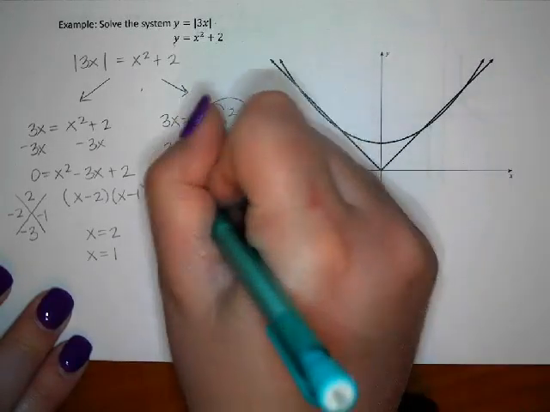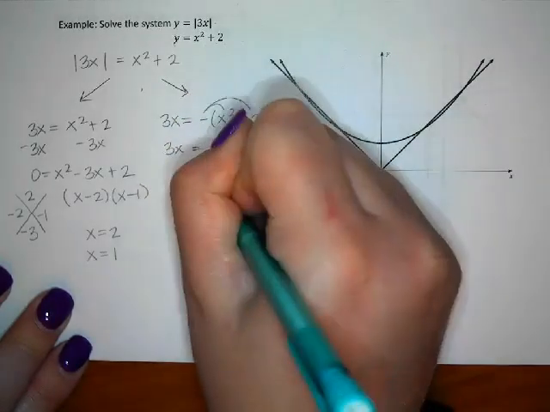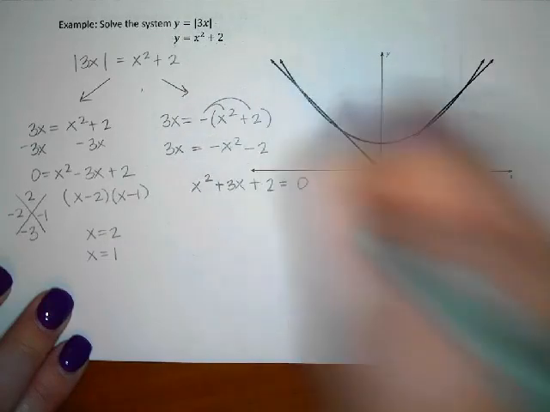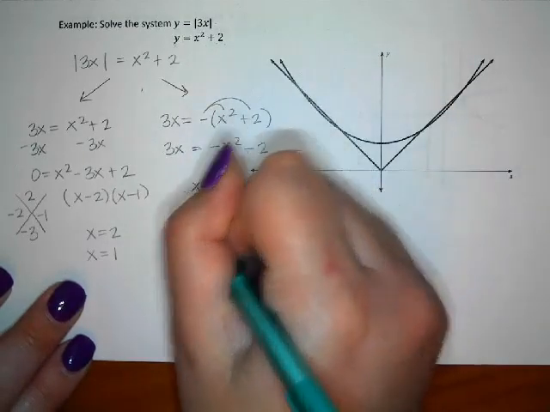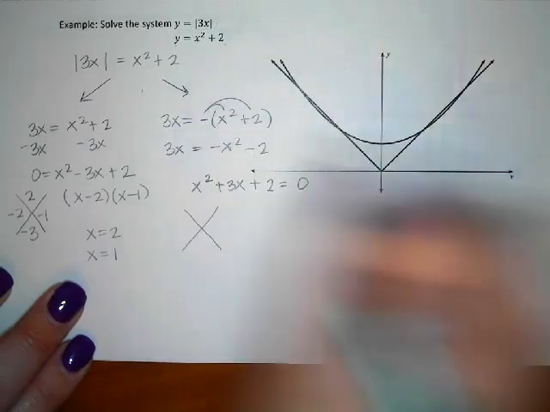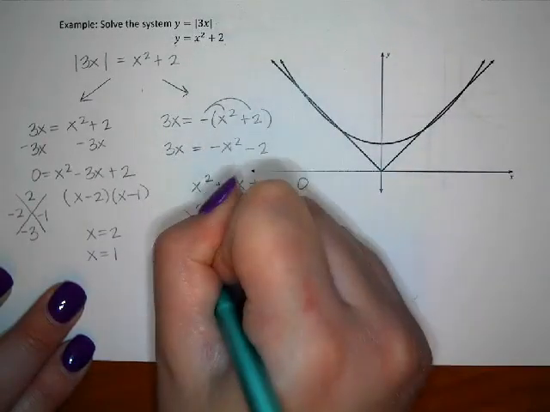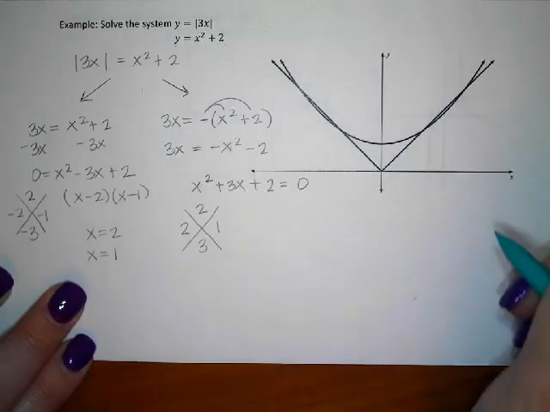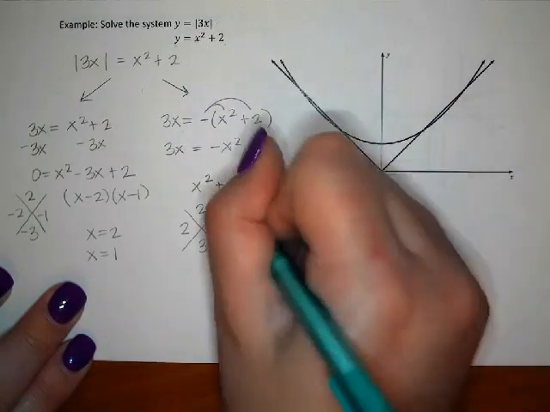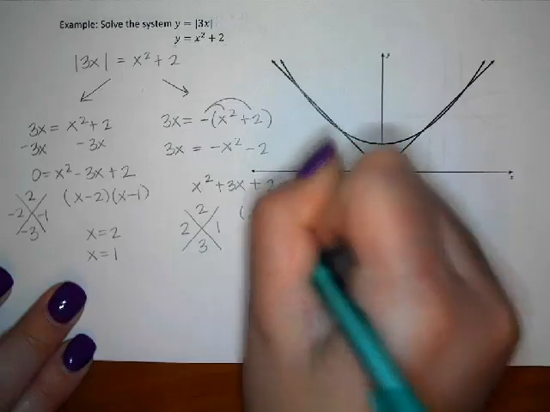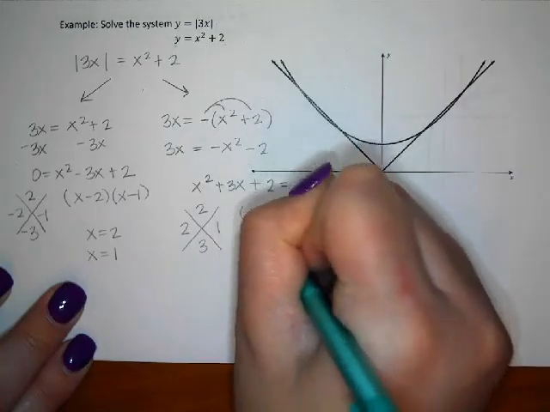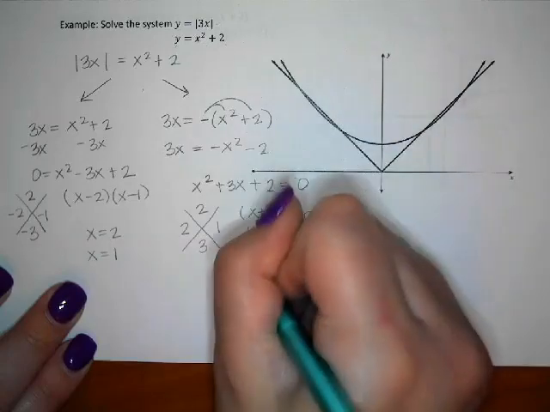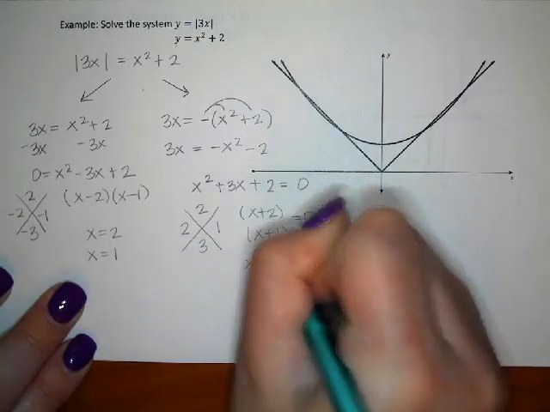So I have x squared plus 3x plus 2, all on the left side, equals 0. I'm going to try to factor that. So I'm looking for two numbers that multiply to 2 but add to 3. And again, thank goodness, it works. 2 and 1 multiply to 2 and add to 3. So I have (x plus 2)(x plus 1). Okay, so my two solutions are negative 2 and negative 1.